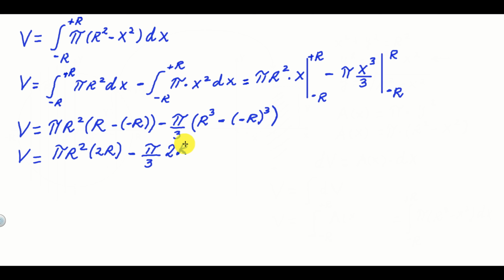So let's nicely write it. Here it is. Perfect. As the result, we will have 2 pi r to the power 3, then minus 2 over 3 pi r to the power 3.